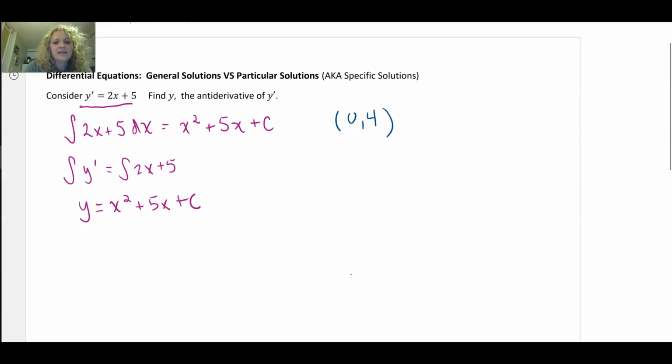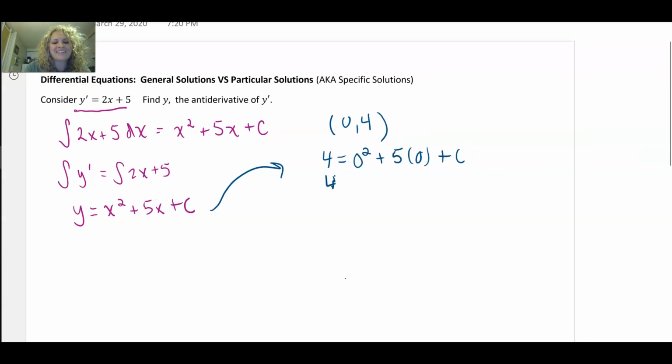We can substitute the 4 for y in this antiderivative of y, and the 0 for x. So 4 is 0 squared plus 5 times 0 plus c. I'm holding my computer vertically, so it's hard to write. So 4 equals c. Now we can write the antiderivative as y equals x squared plus 5x plus 4.